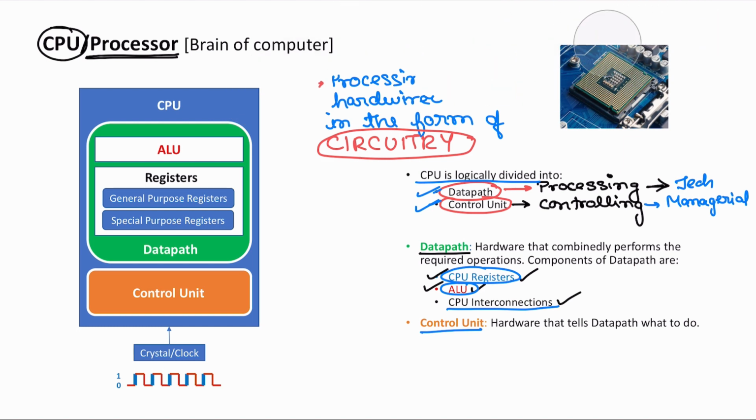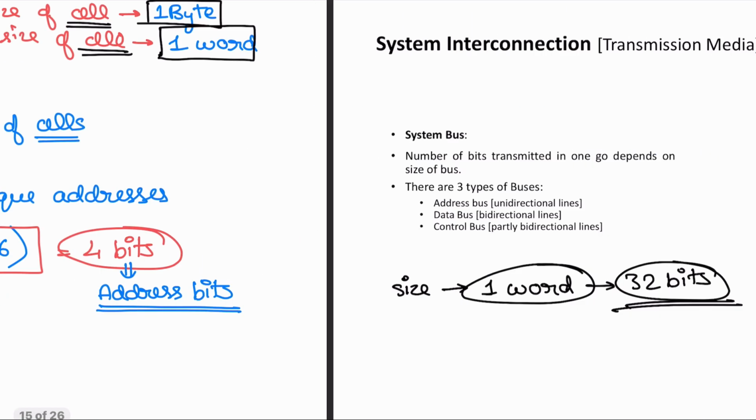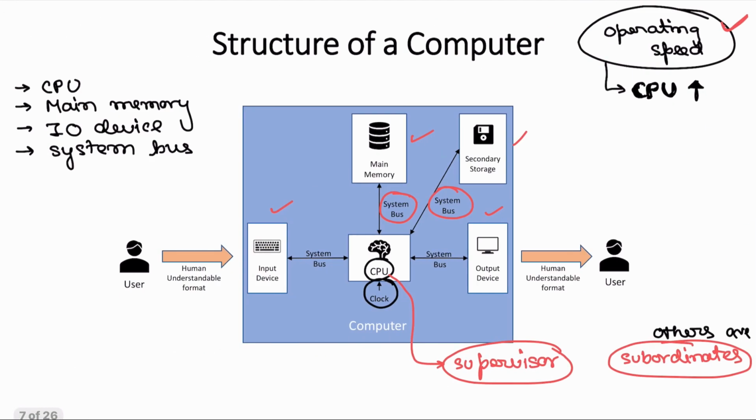Let me erase this. Let's continue our discussion. Okay, so I think till now you must have seen this small unit here which is called the clock. This clock was also present in the structure of the computer. It was there, right?